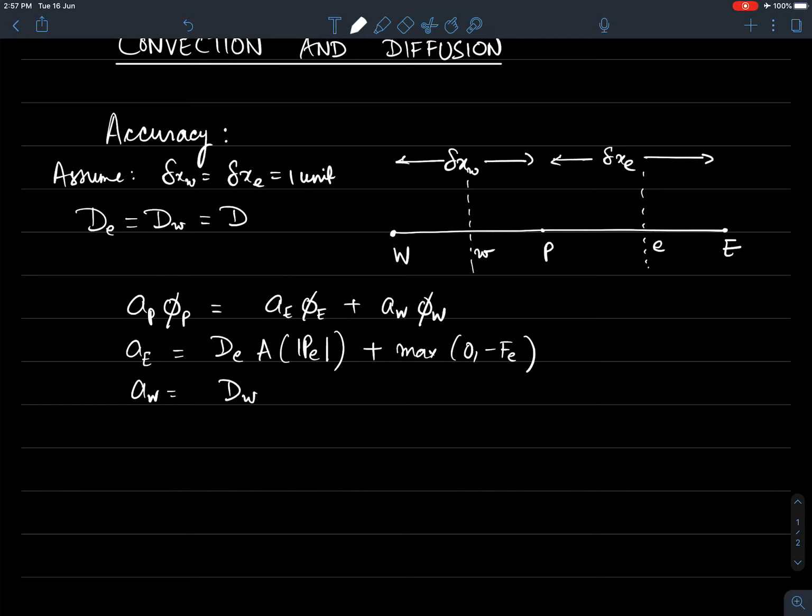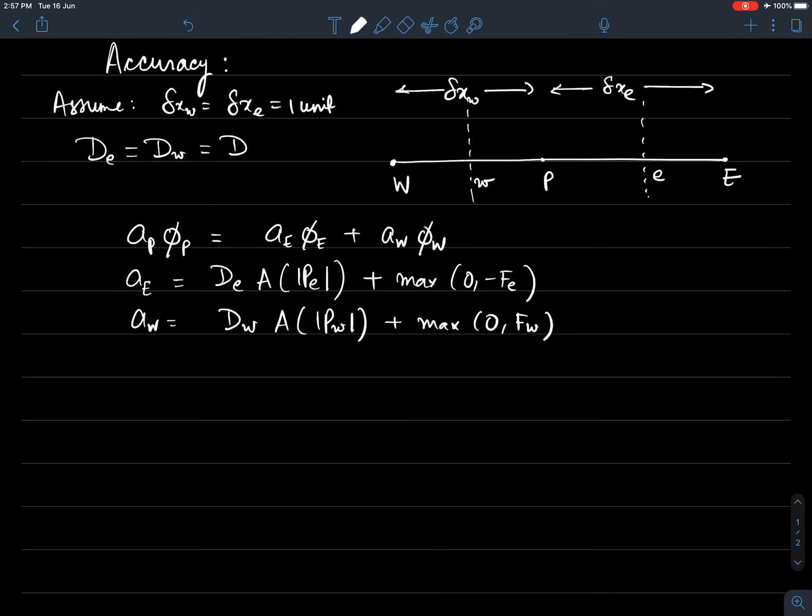AW was DW A mod of PW plus max of 0 comma FW, and AP was AE plus AW plus FE minus FW, where we note that the Peclet number PE is FE by DE and PW is FW by DW.